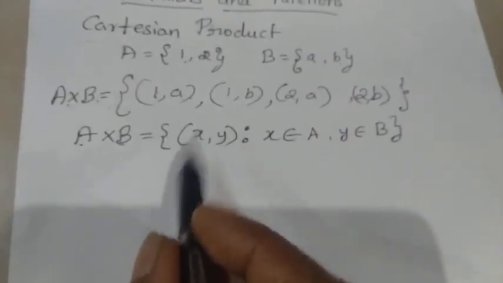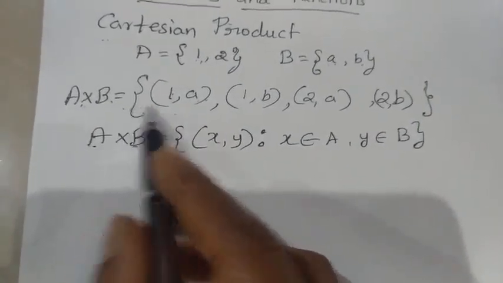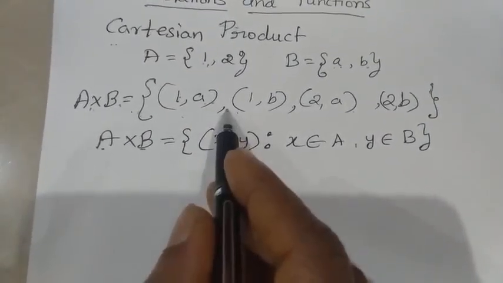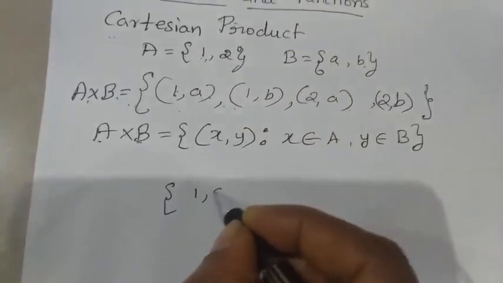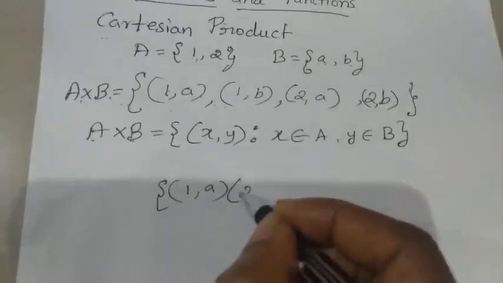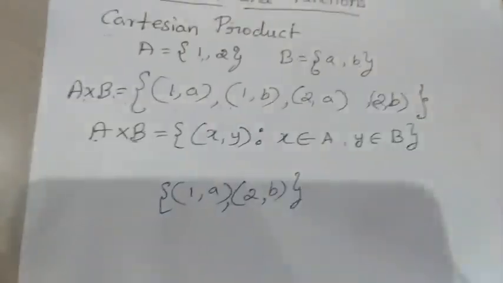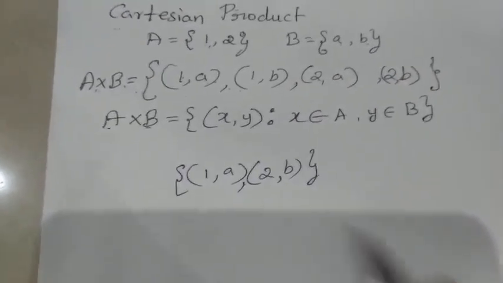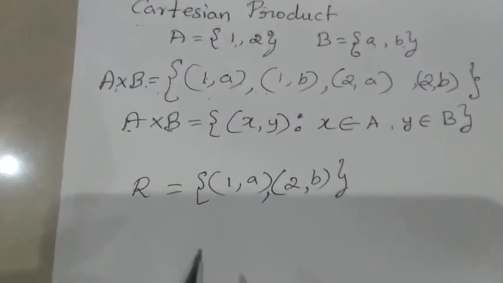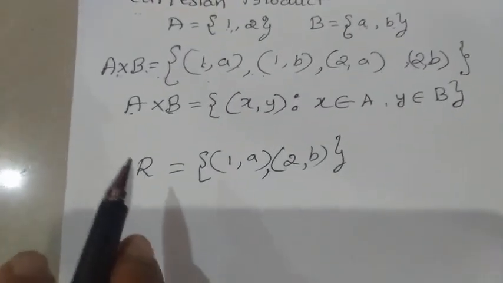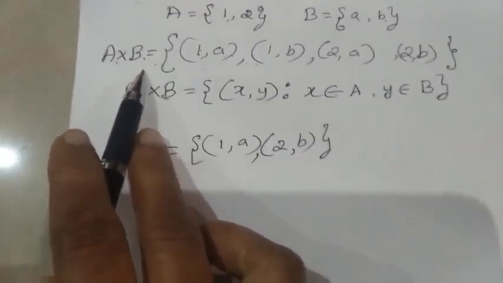Now, we can write a subset of A cross B, like this: 1, a; 2, a; 2, b. This is one subset of A cross B. You can create any other subset like this also, and this is called a relation. A relation from set A to B means it is a subset of A cross B.